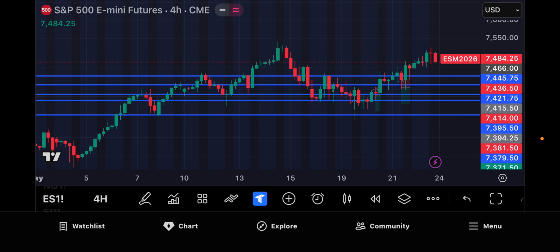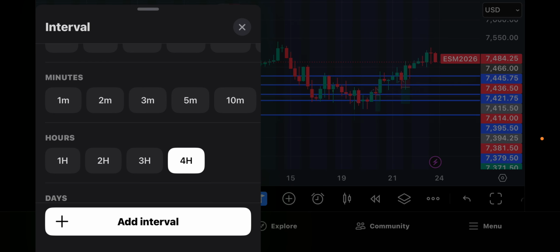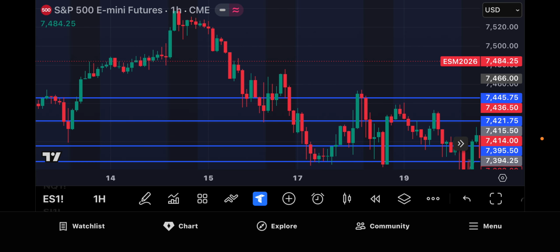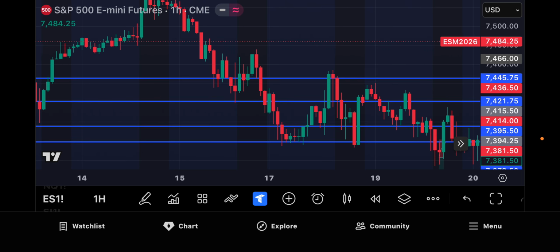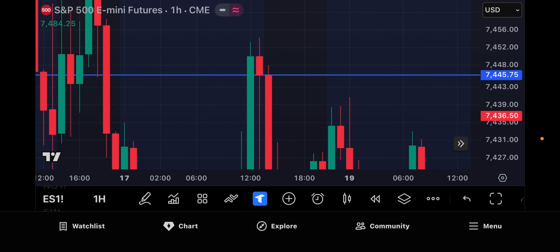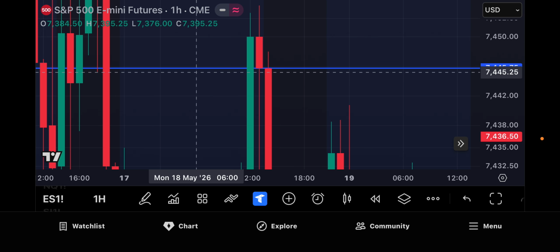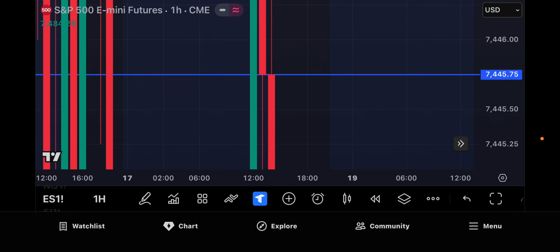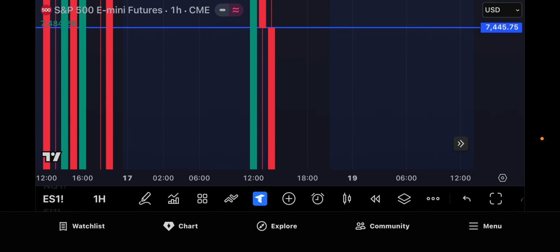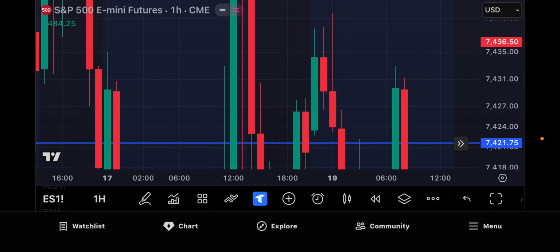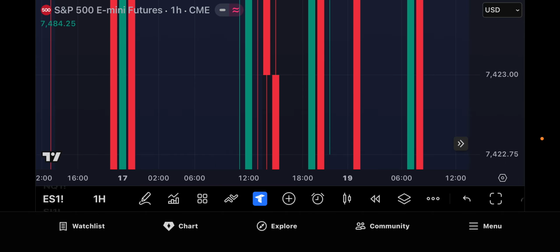I'm gonna zoom in. Since we're on a 4 hour, there aren't many 4 hour fair value gaps that I'm really seeing. All right, something like this. Right here, you see that they're apart, equal levels. Zoom in on it, they're basically equal levels. Boom. Fair value gap. Same thing for the bottom, equal levels.